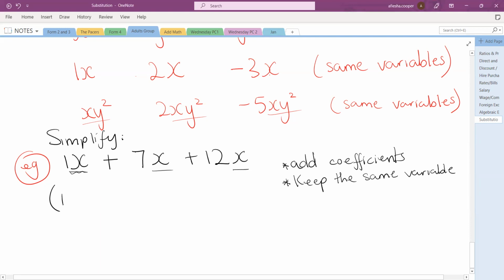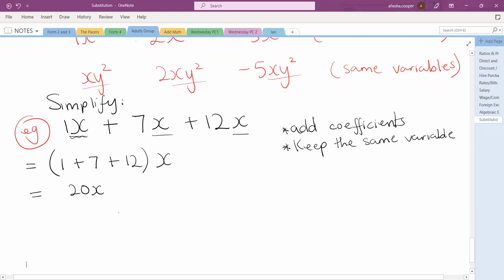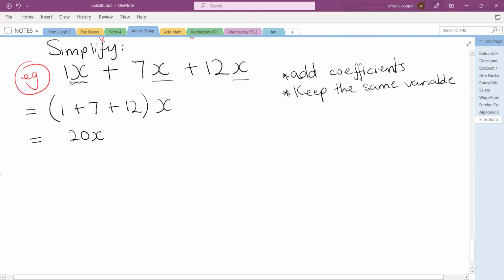So it's going to be 1, add 7, add 12x. So that will be 1 plus 7 plus 12, that's 20x. And that's how simple it is when it comes to adding like variables, and subtracting, right?